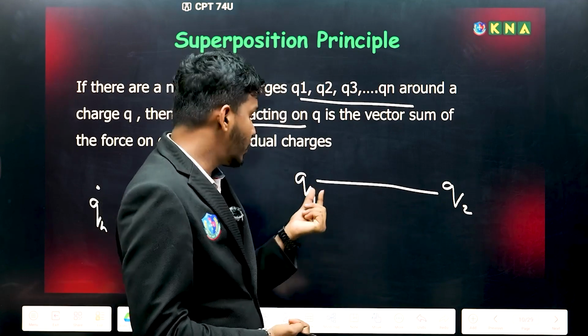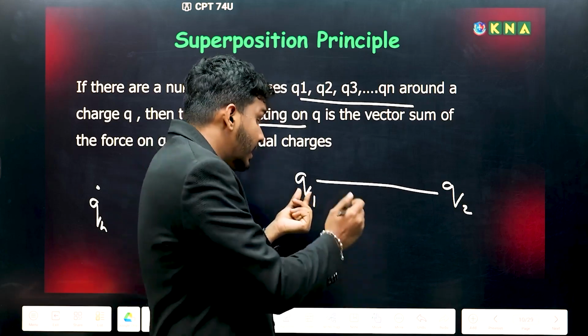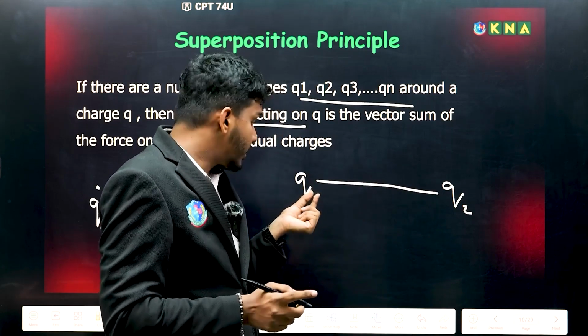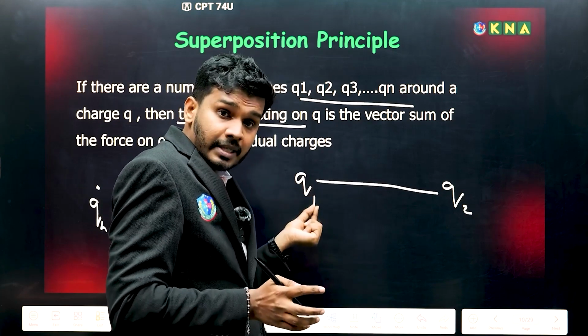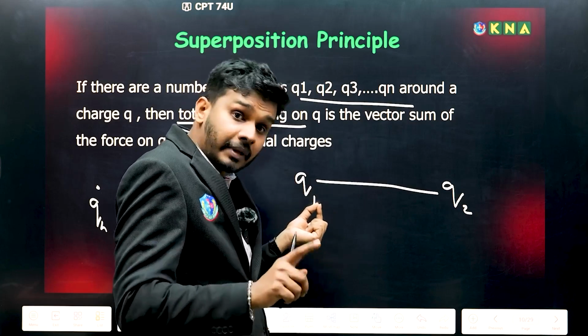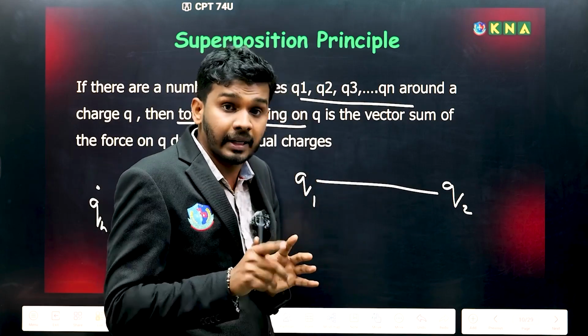Due to the q1 charge, what is the force? The direction of force is toward the charge if they attract. If it is repulsion, it is away from it. That is the method of finding direction.